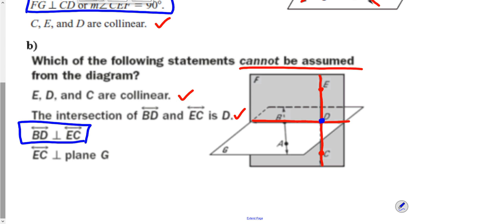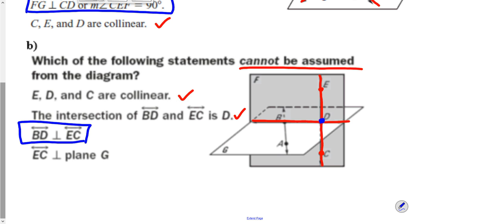And then the last one: can we assume line EC is perpendicular to plane G? Now remember that postulate, or rule, that we talked about at the beginning: for a line to be perpendicular to a plane, it must also be perpendicular to all lines on that plane that cross through that point.